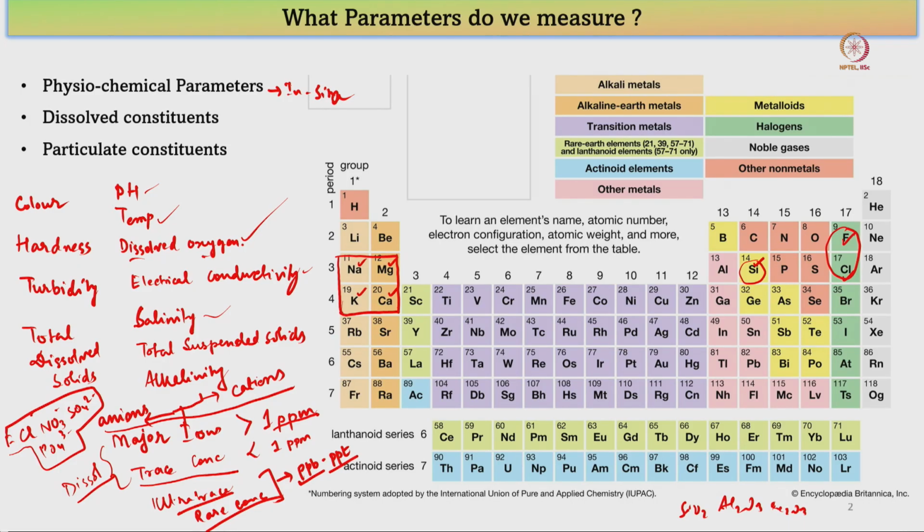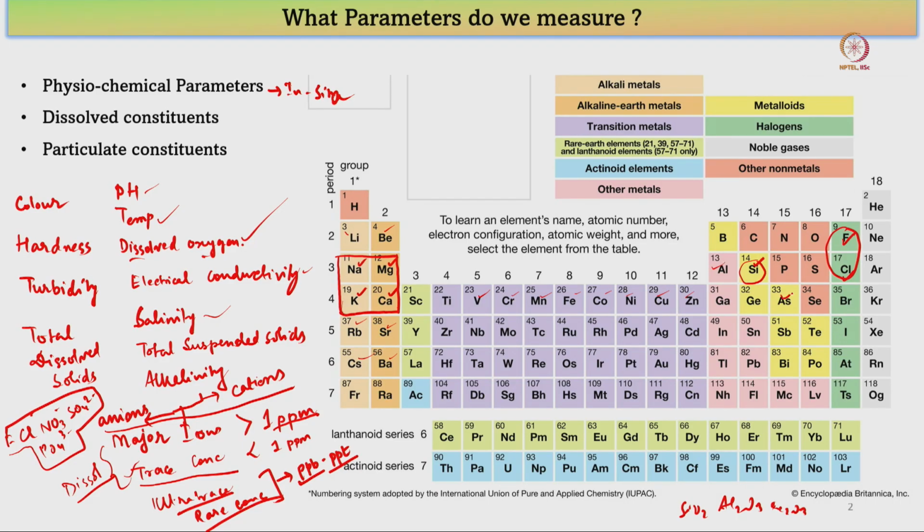Let me now say what the particular elements are that we measure in the trace elements. So, we will measure lithium, beryllium, rubidium, strontium, caesium, barium, vanadium, chromium, manganese, iron, cobalt, nickel, copper, zinc, then we will measure aluminum here, okay.